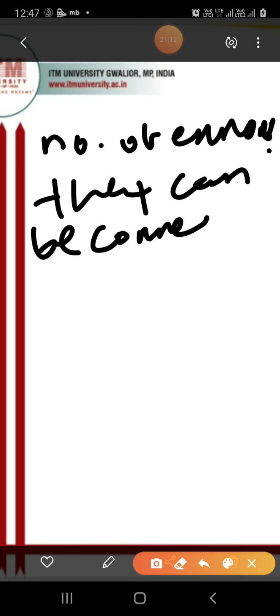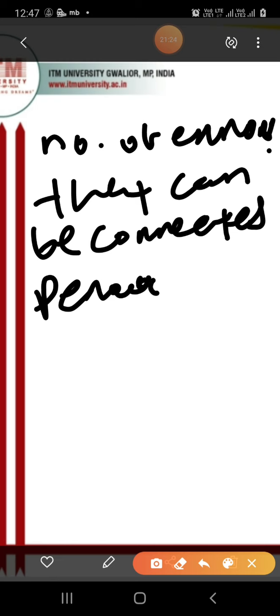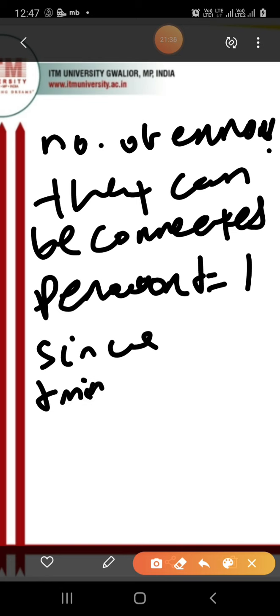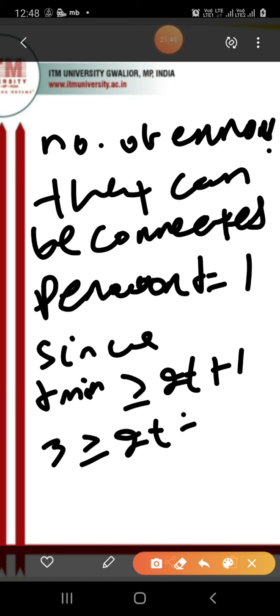Next, the number of errors that can be corrected per word will be 1, since d min, which is 3, must be greater than or equal to 2t plus 1.